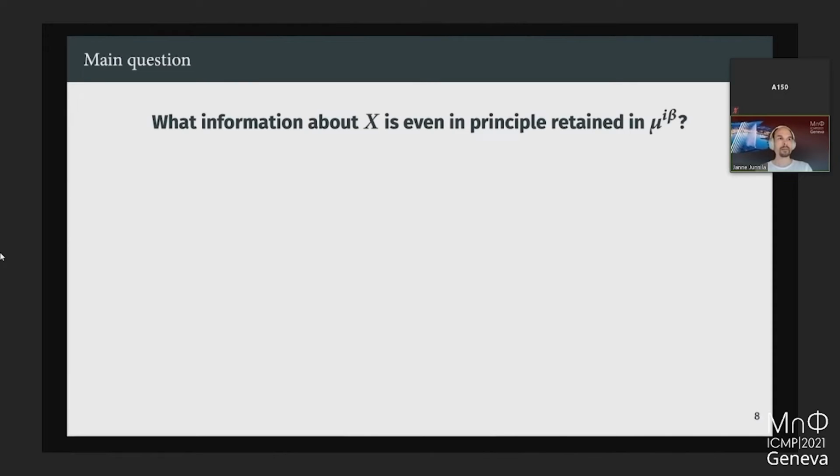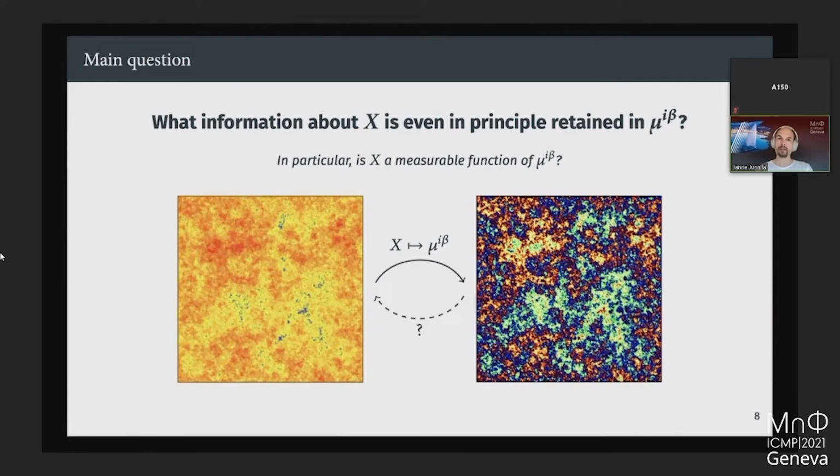All right, so the topic of this talk is a more fundamental and basic question, which is what information about the field is even in principle retained in this imaginary chaos. In particular, is this field a measurable function of the chaos? Here on the left-hand side, we have an instance of the Gaussian free field in the unit square.